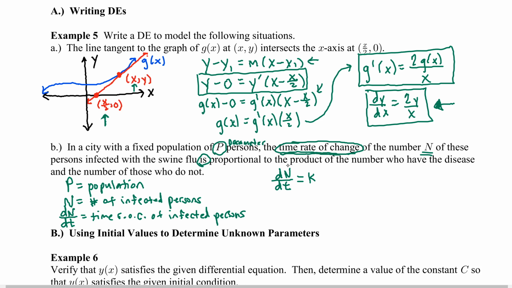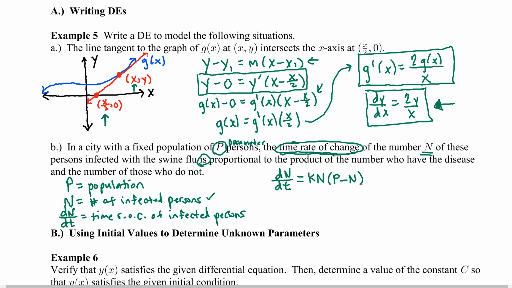Is proportional to the product, okay, so we're going to be multiplying, the product of the number who have the disease, remember the number who have the disease is given by n, times the number of those who do not. Now remember, we're dealing with a fixed population P. So if n people have the swine flu, we take the total population minus the number of infected people. P minus n would be the number who are not infected.